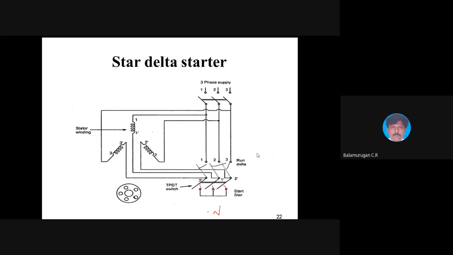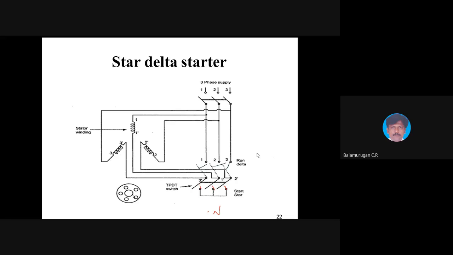You know V phase equal to VL by root 3. So this you are familiar with. And next, I phase equal to IL, that is equal to VL divided by root 3 into impedance Z phase. And this is as per the star connection.